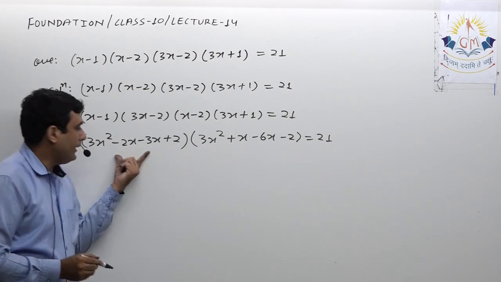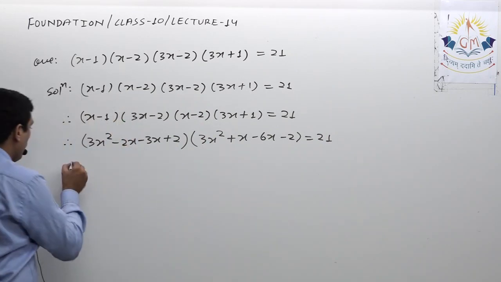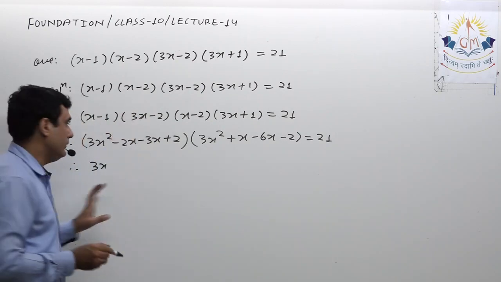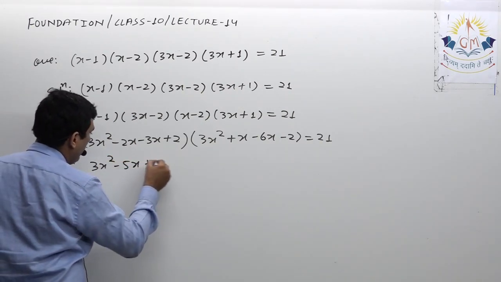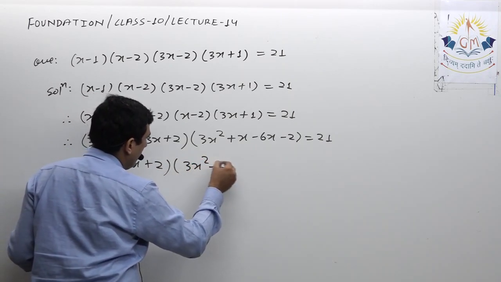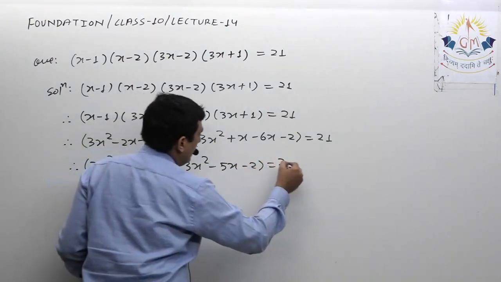Now here you can see you will definitely get minus 5x, and here again minus 5x. So this is almost done. The only thing was that you have to find the correct combinations. So here 3x square minus 5x plus 2, over here 3x square minus 5x minus 2 is equal to 21.